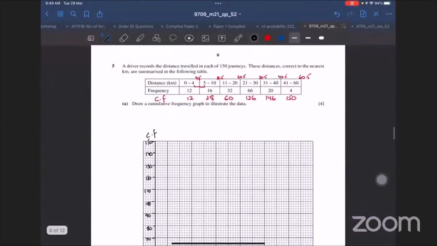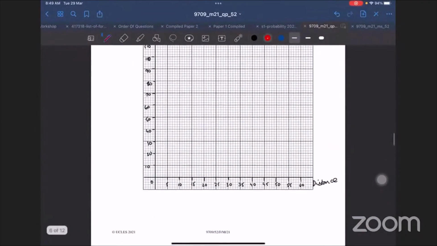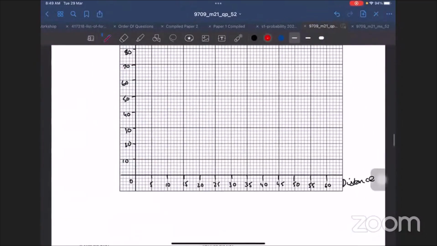Now, in order to plot these, the first thing that I have to plot is 4.5 and 12. So plotting 4.5 and 12. Okay, that's not 12, this is 12. That's my first point.